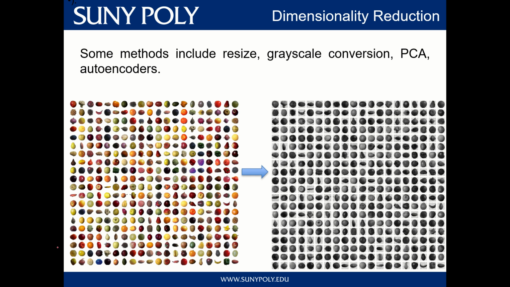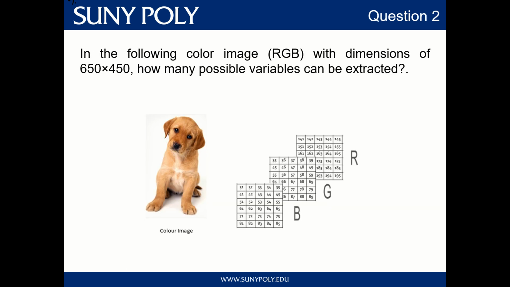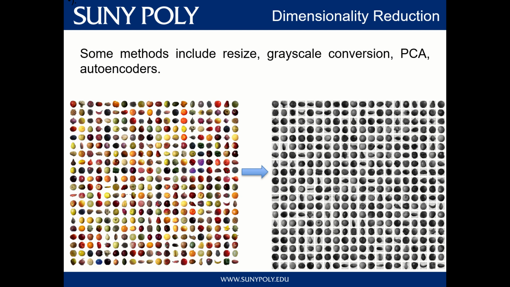For example, when you resize an image, when you make it smaller, you reduce the number of pixels. So if instead of this 650 by 450 you have something like 100 by 100, you go from almost 300,000 variables to just 10,000 variables. So that's also an option.